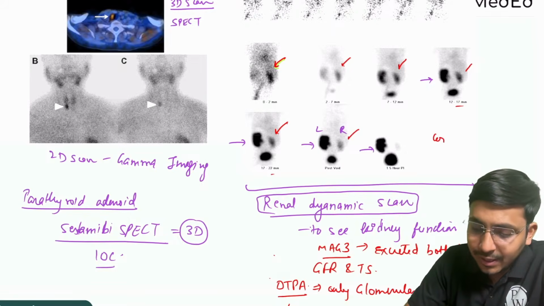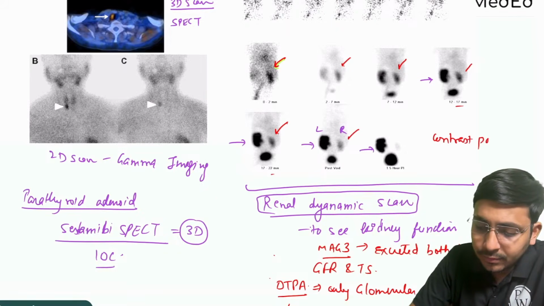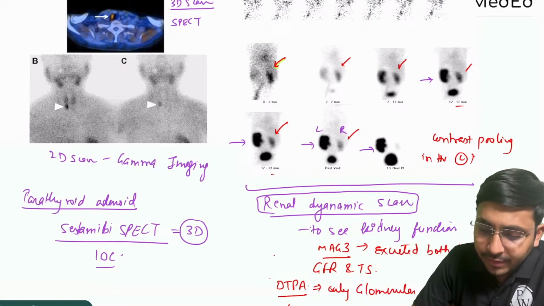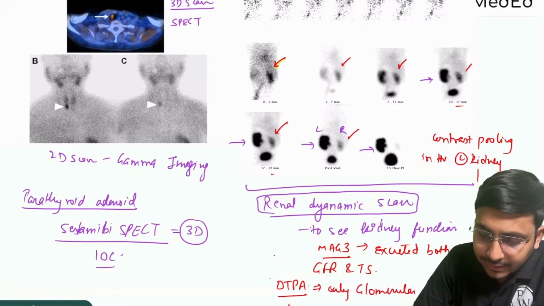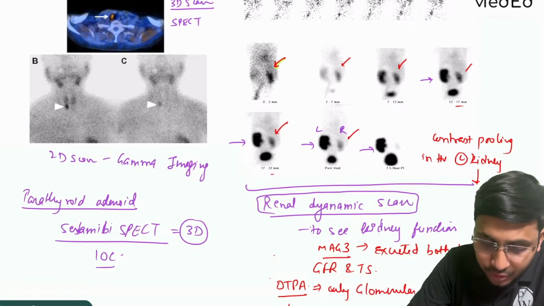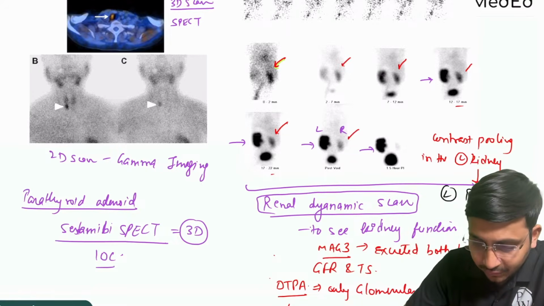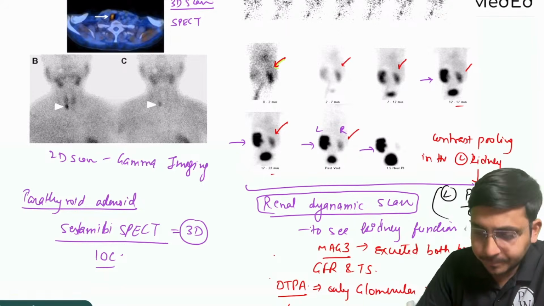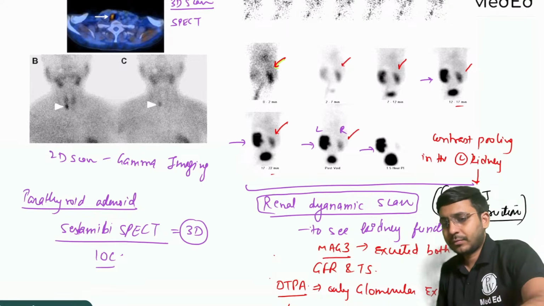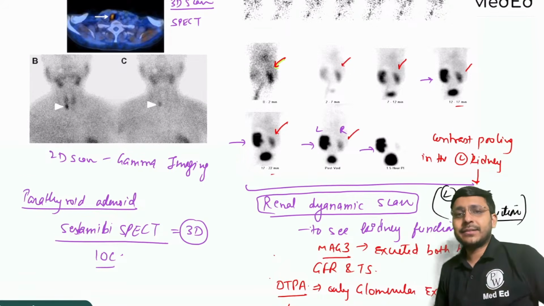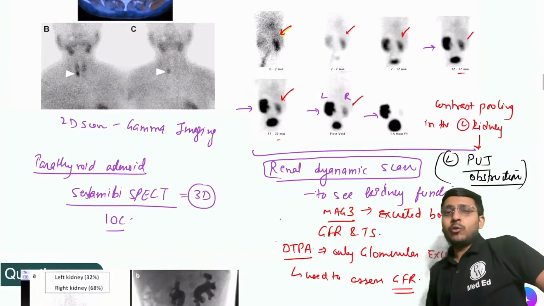So there is contrast pooling in the left kidney, and this is how your PUJ obstruction look like. This is a case of left PUJ obstruction. Right, so renal dynamic scan, this is a case of left PUJ obstruction.